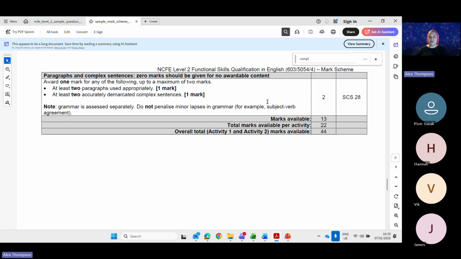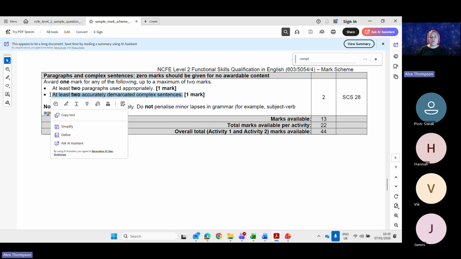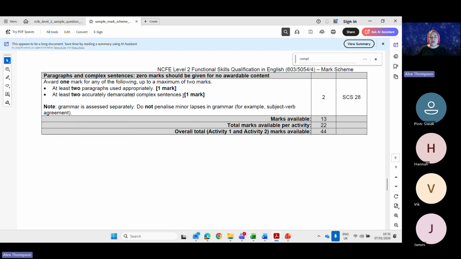Can I show them as complex sentences? In this case, at level 2, the exam board would like to see at least 2. And demarcated just means capital letters at the beginning, punctuation at the end. They can identify it clearly as a complex sentence.